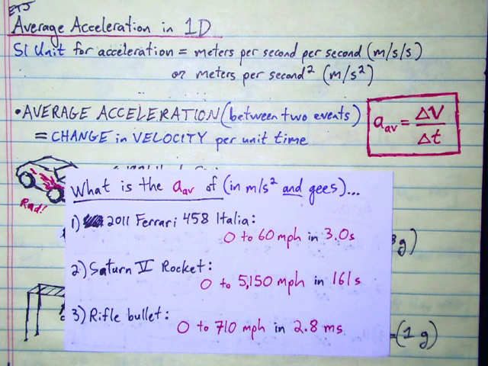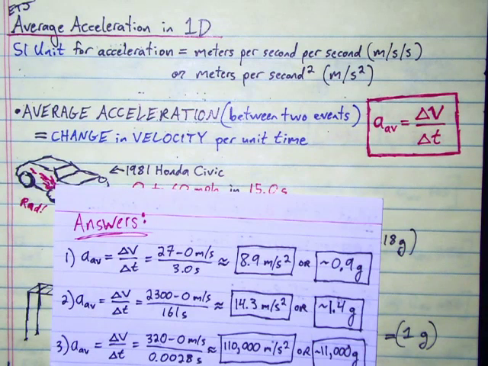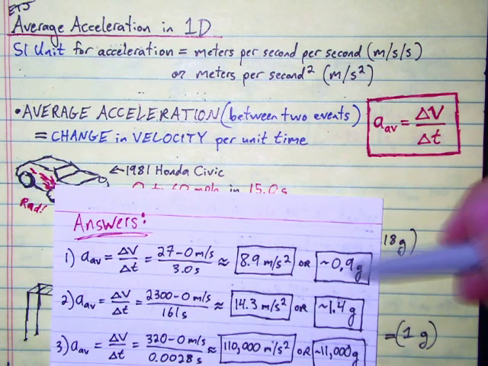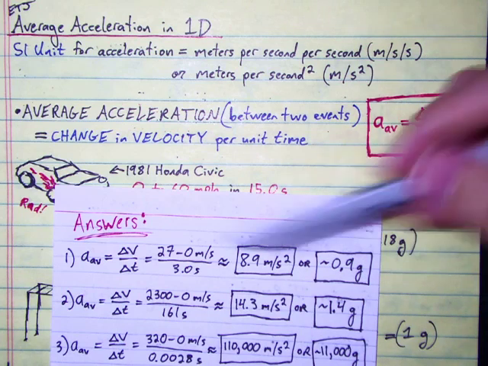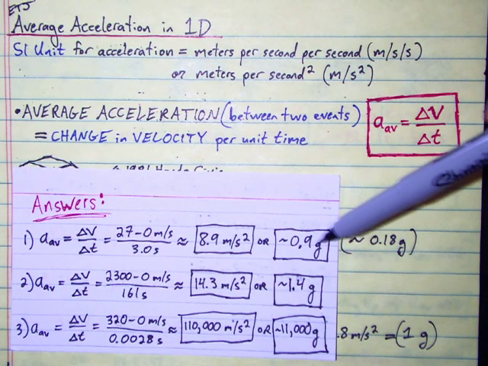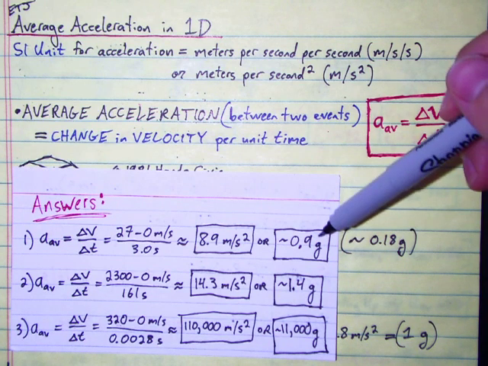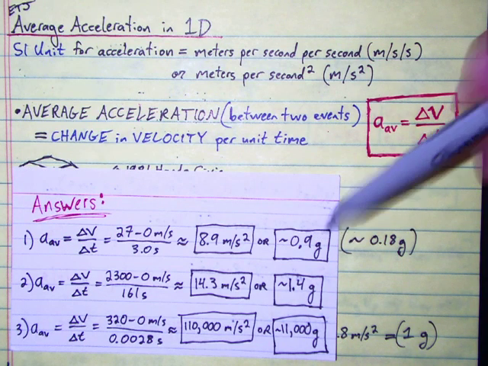Okay, pause the video for a moment, work out those average accelerations. Got the answer? Okay. Our Ferrari, about 8.9 meters per second squared, about 0.9 g's. That Ferrari can accelerate almost as fast as you can fall straight down. Compare that to our Honda Civic, quite a significantly greater acceleration.